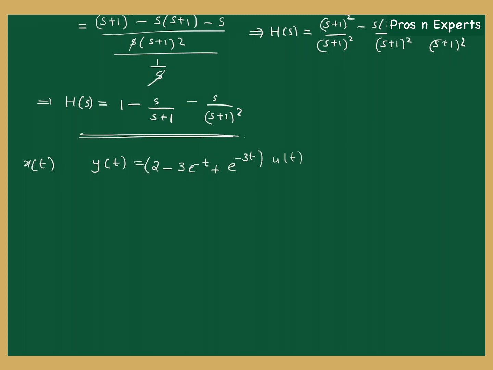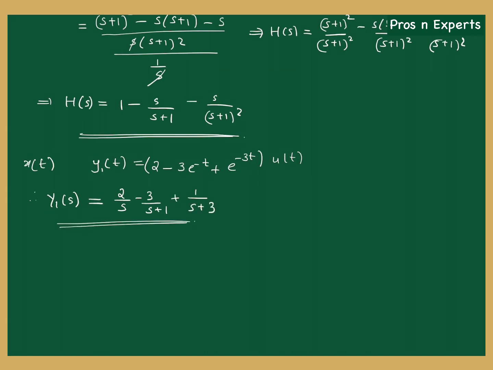That's the new output, y1 of t. So what is y1 of s? Y1 of s is very simple to observe. It is 2 by s minus 3 by (s plus 1) plus 1 by (s plus 3).